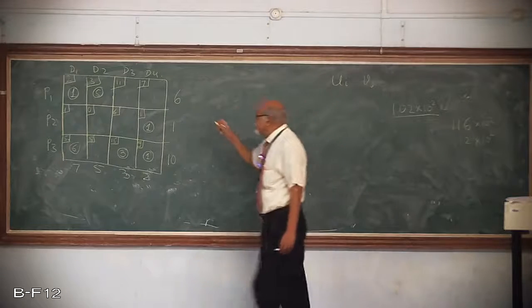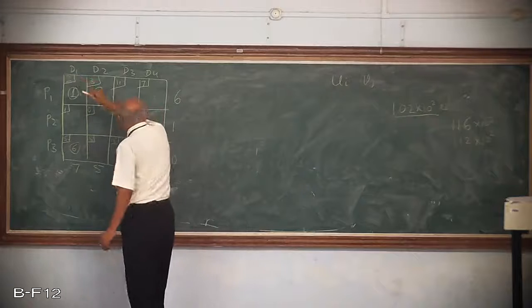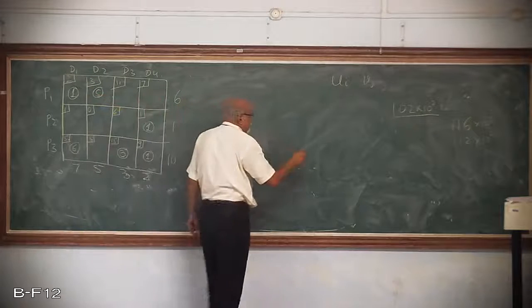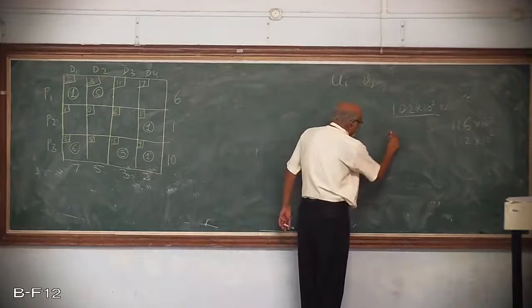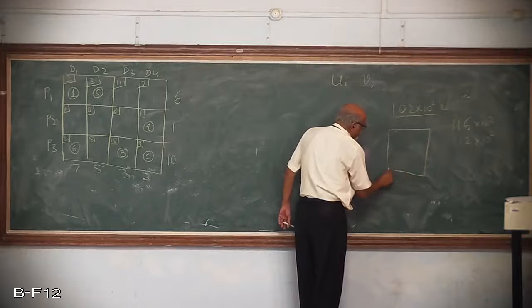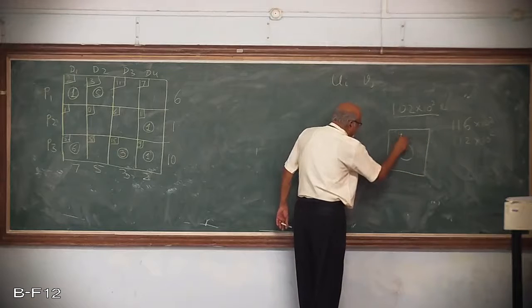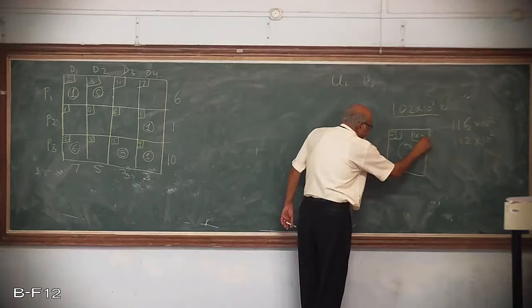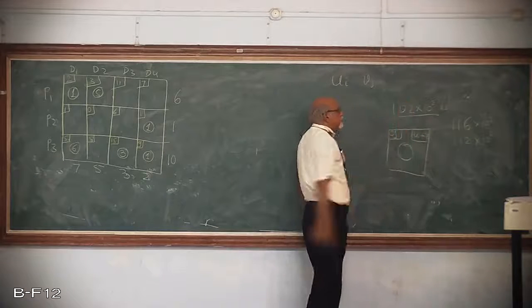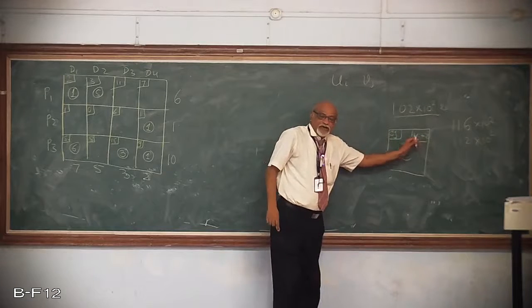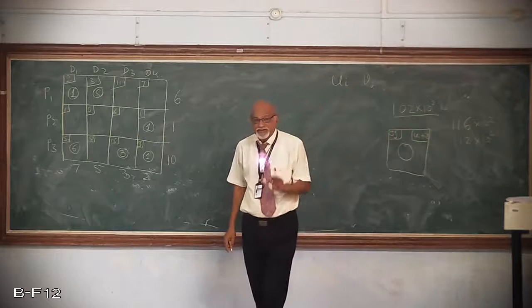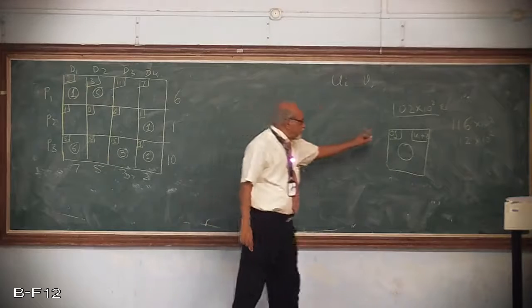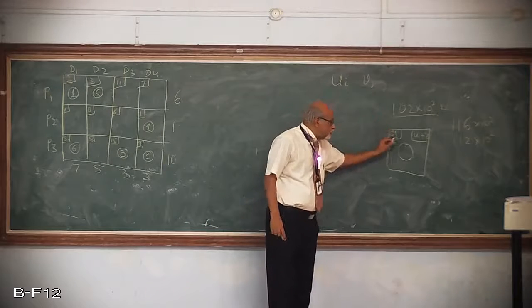Whatever values I have written here, as I mentioned earlier, the shell I am going to represent will be like this. This is the allocation, here the Cij values, and here the Ui plus Vj values. These Ui plus Vj values are nothing but the implicit cost. Cij values are the actual cost.